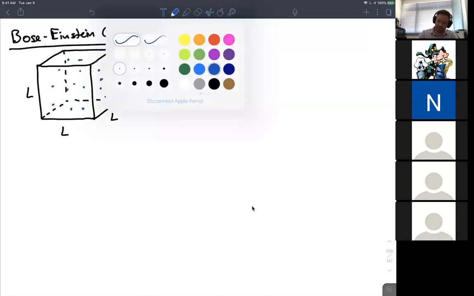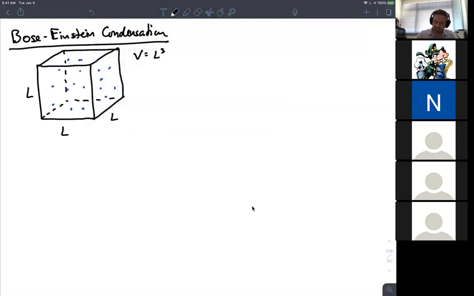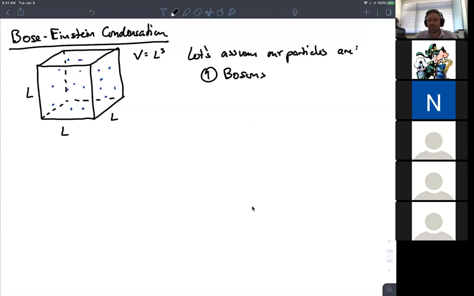Okay, so just out of simplicity, let's assume our particles have the following properties. So first of all, they are bosons. Okay, in other words, they obey Bose-Einstein statistics. We are going to assume they have mass m.